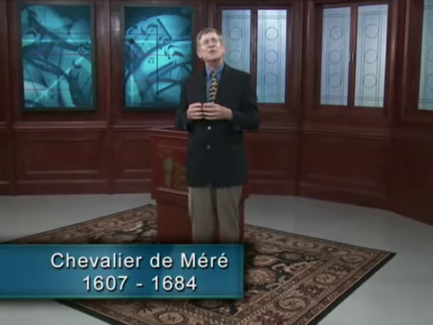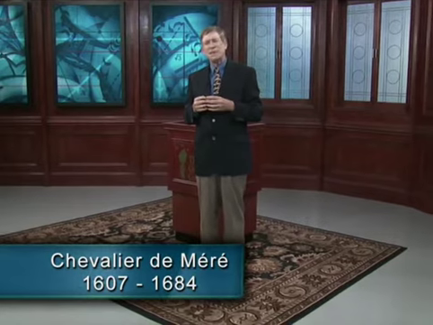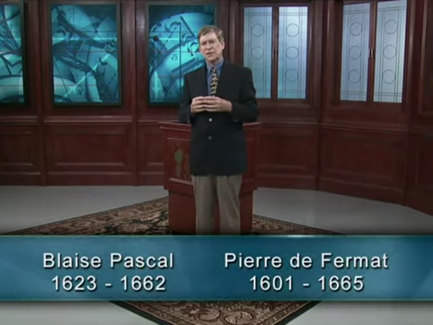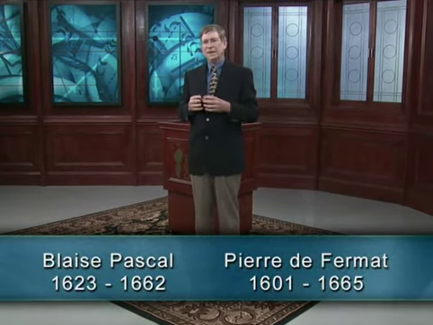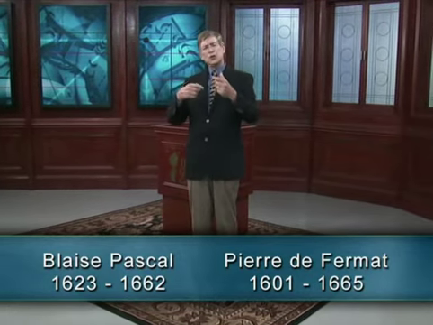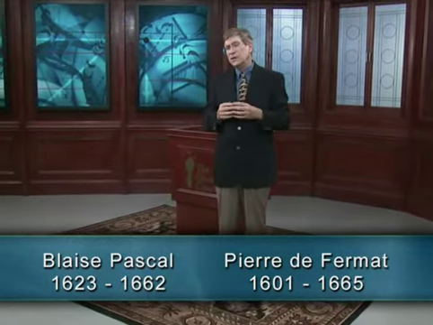And it turns out the gambler Chevalier de Méré posed some gambling questions way back in the 1600s. And two very famous mathematicians, Blaise Pascal and Pierre de Fermat, began to correspond and develop the ideas of elementary probability that we use even today.